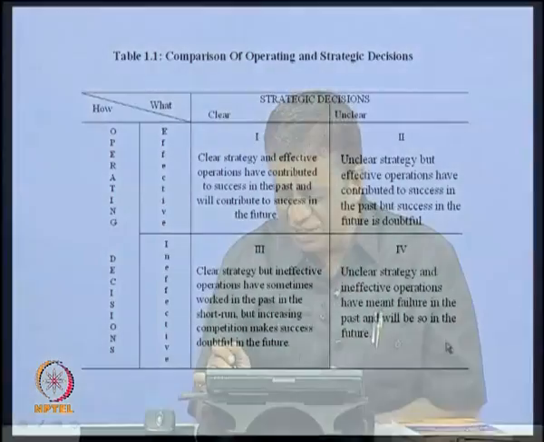So, if your strategy is not clear and if your operations are not effective, such types of companies have failed in the past and they are likely to fail in the future as well. So, sometimes it may so happen that a company's product may be good.